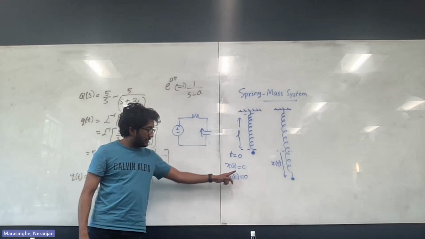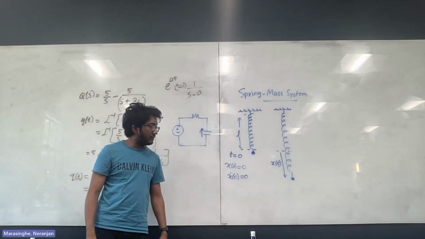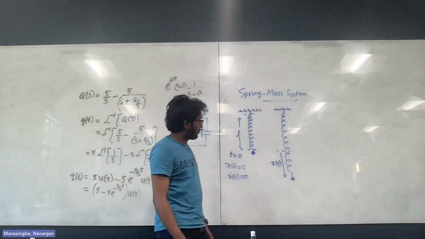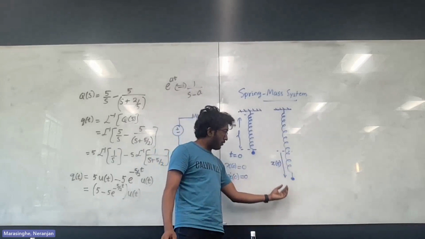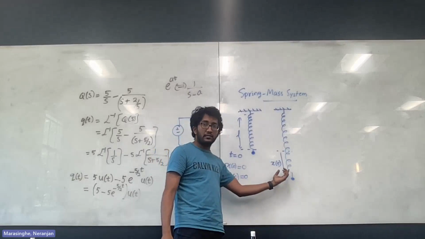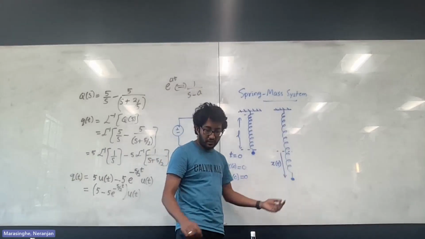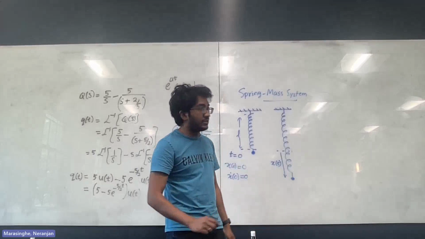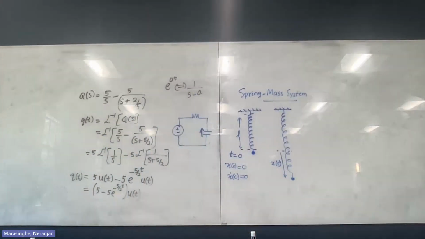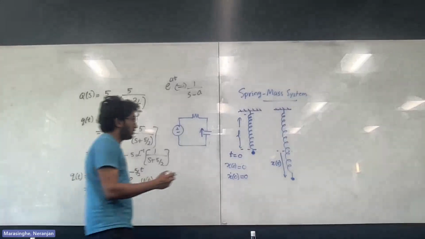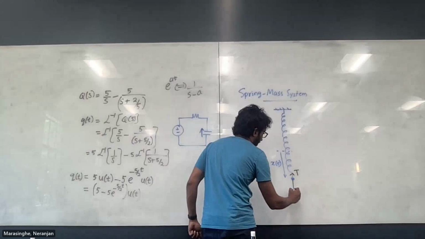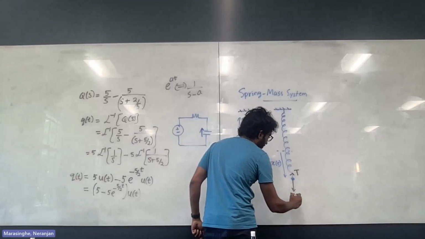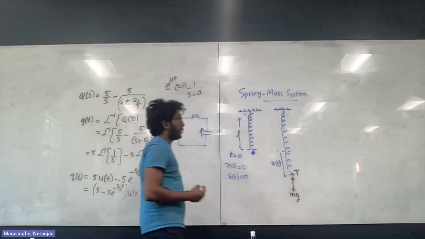That means initial position is 0, initial velocity is 0. When this spring moves down, there's a tension on this spring, so I would mark the tension as T. I would mark the weight of this object as mg.